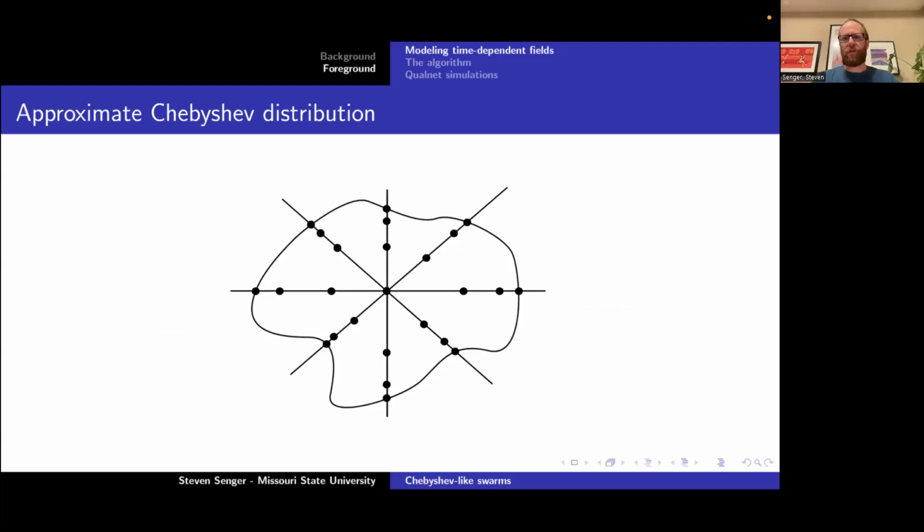So here is a drawn example of an approximate Chebyshev distribution. This is what we called it in our work, because it's not actually the zeros of a Chebyshev polynomial. At least I don't know of a good 2-dimensional or 3-dimensional version of the zeros of a Chebyshev polynomial, because it's a fundamentally different problem.